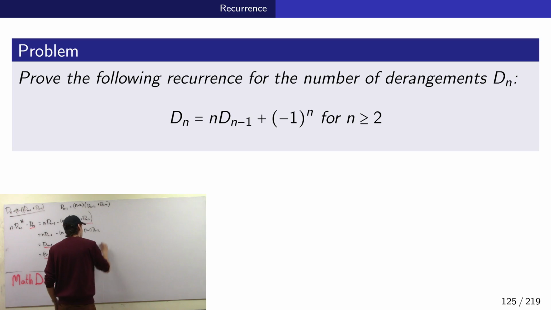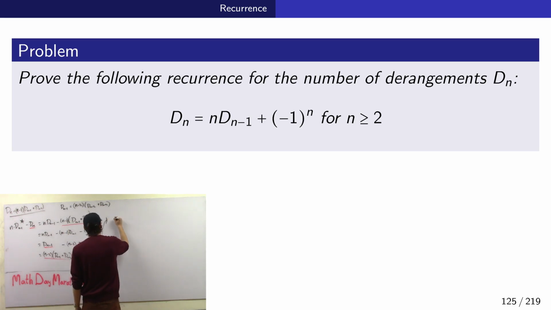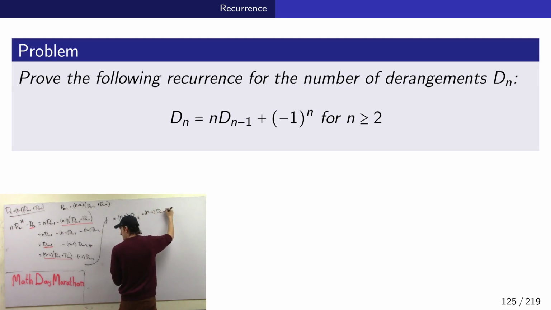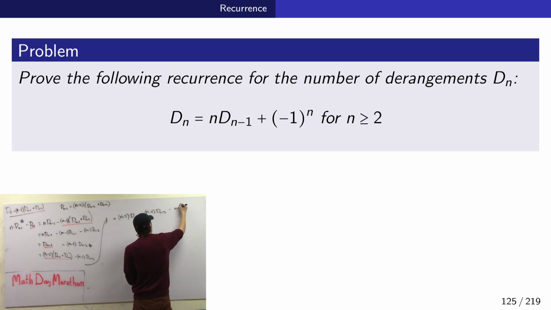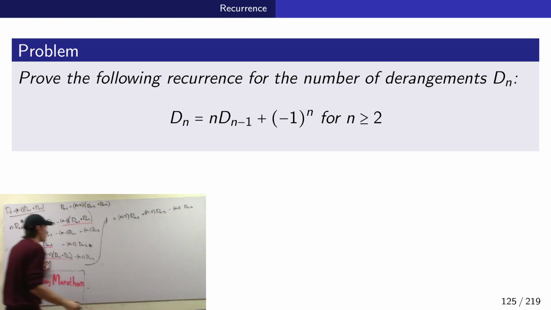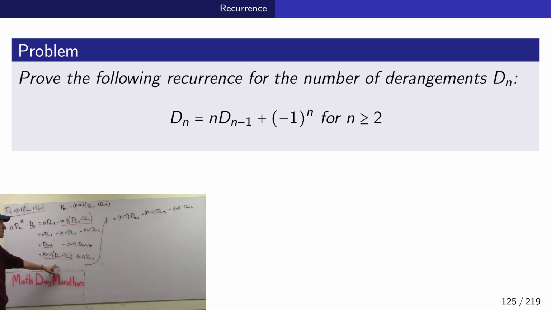This should be equal to n minus 2 times d sub n minus 2 plus n minus 2 times d sub n minus 3 minus n minus 1 times d sub n minus 2. Okay? I've just distributed this n minus 2 out. I should have the same thing everywhere else.